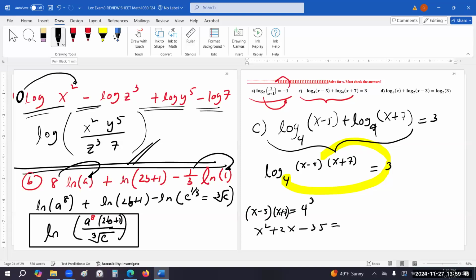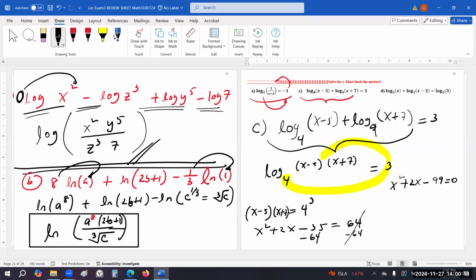And 4 cubed is 4 times 4 times 4, which is 64. It's okay, we are having fun. So you subtract 64 and we get x squared plus 2x minus 99.